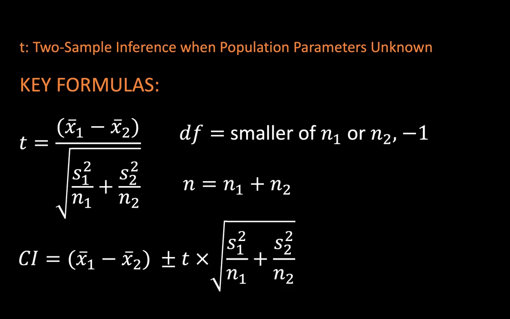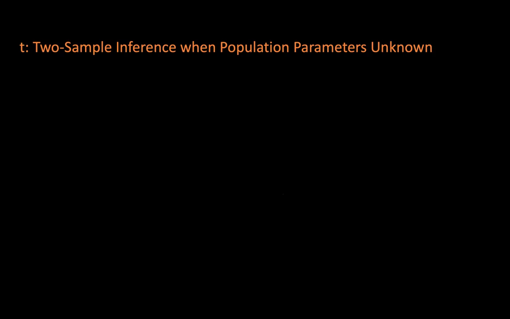The confidence interval is the mean of the first sample minus the mean of the second sample plus or minus the t-score times the standard error.